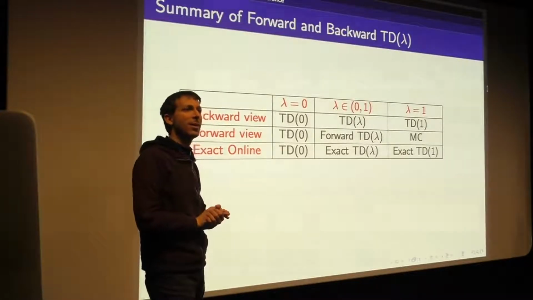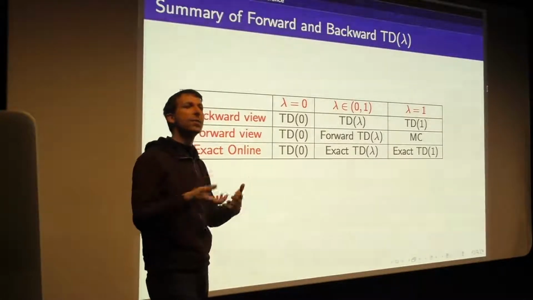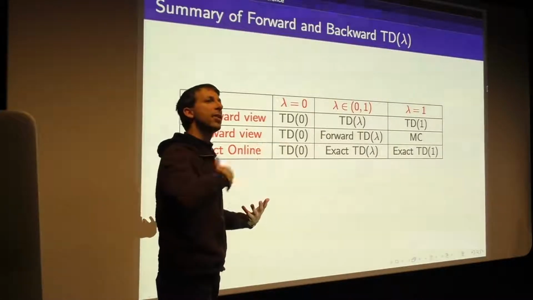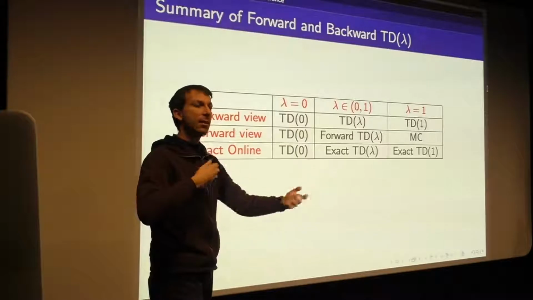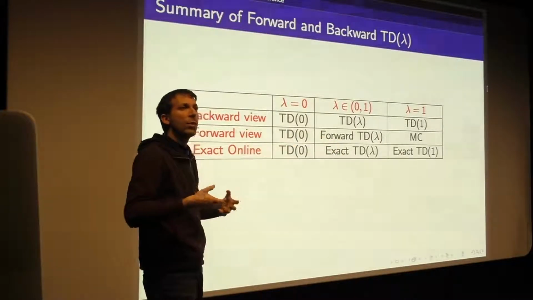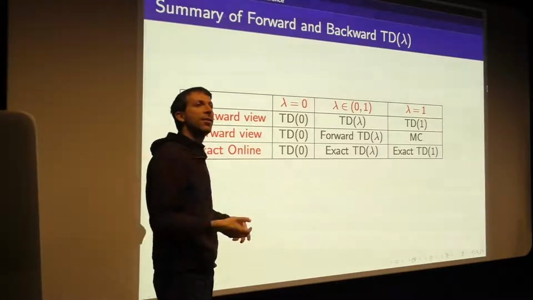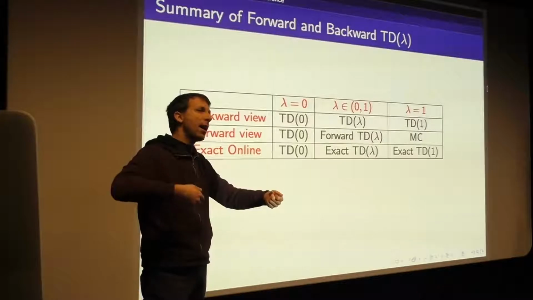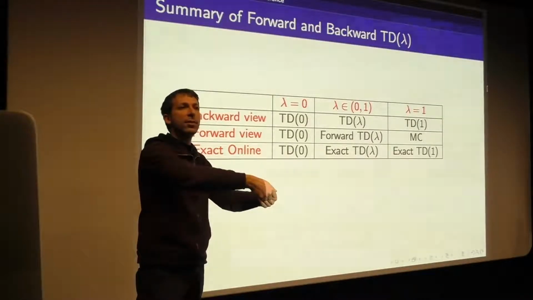So TD lambda basically gives you a spectrum between TD0 and Monte Carlo. It has two implementations: the forward view that gives you this theoretical way of averaging over all your n-step returns, and the backward view where you accumulate these eligibility traces, which can be very efficiently updated and just tell you how much credit you should assign to each of those states.